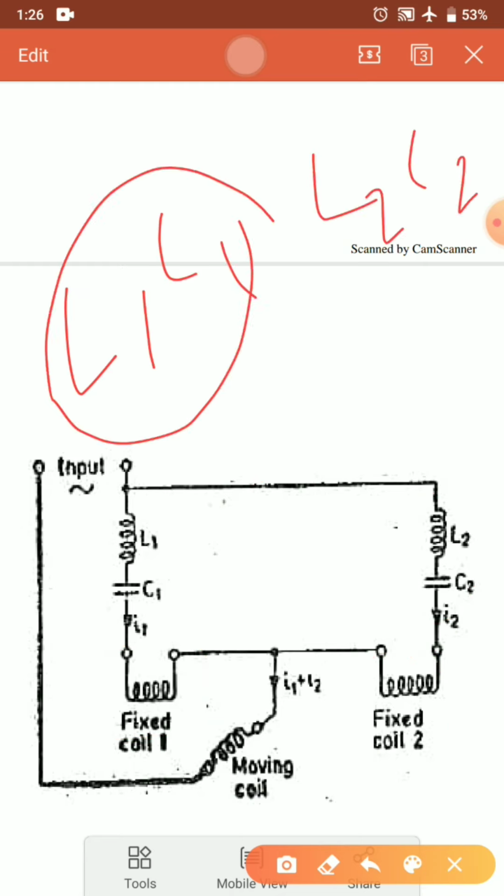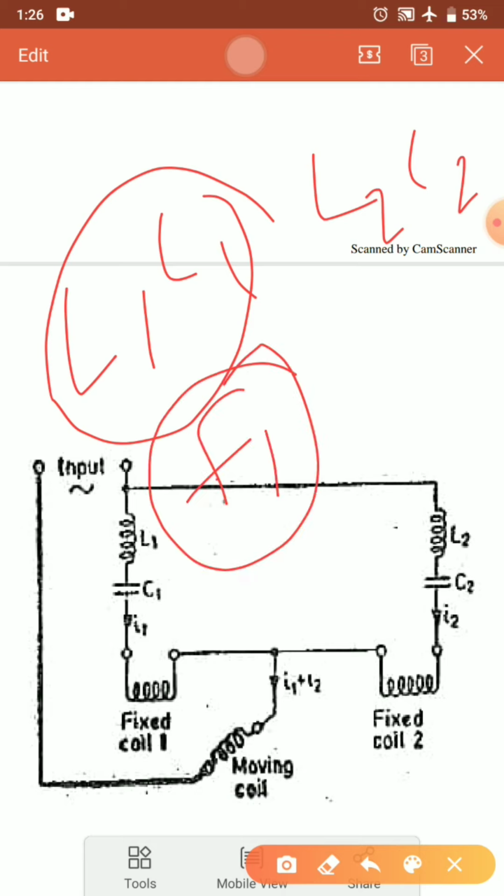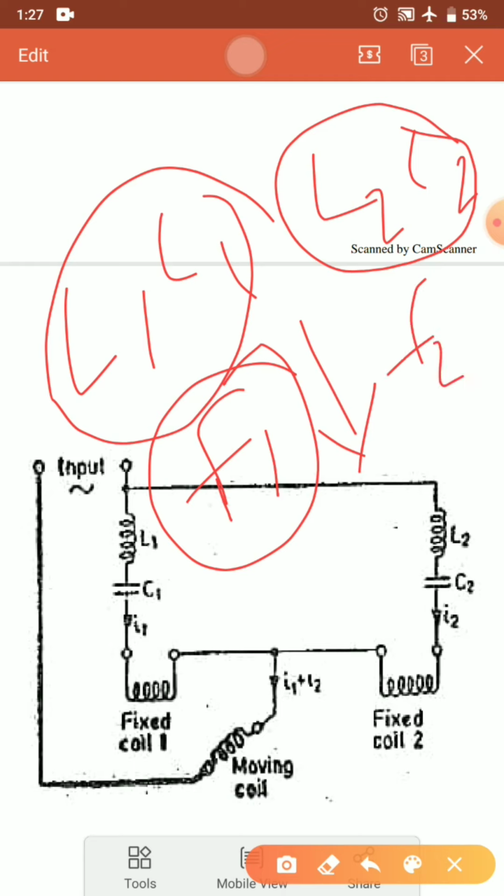The difference is that L1C1 forms a resonance circuit in such a manner that the frequency F1 that it generates will be slightly below the lower end of the scale. That is, the resonant frequency is slightly below, and L2C2 is connected in such a manner that it forms a resonant circuit having frequency F2, where this frequency is slightly higher than that of the scale.